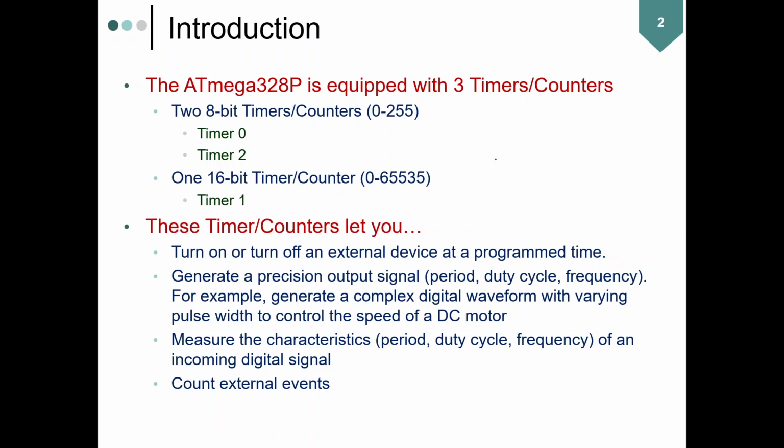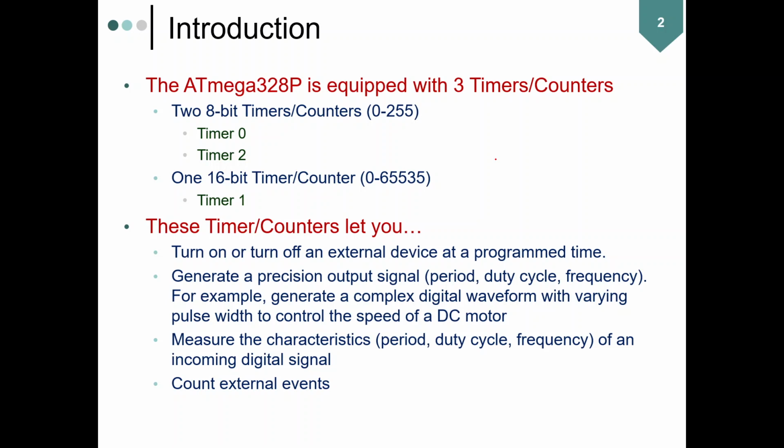So what are the functions that these timers allow you to perform? First of all, turn on or turn off an external device at a programmed time. So you can count a certain amount of time, and after that you can do some internal housekeeping, some external work, and start the functionality again.